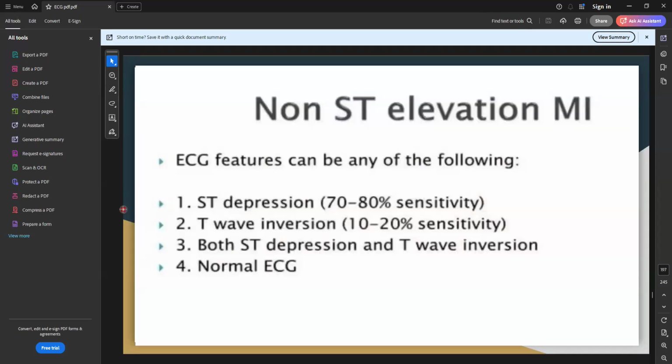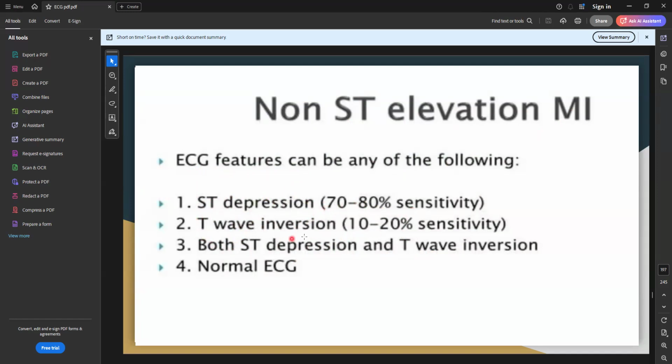Now let us know about the non-STEMI, that is non-ST elevation MI. In the non-ST elevation MI, ECG shows ST depression with the T wave inversion, and both ST and T wave inversion. If there is only ST depression, the sensitivity is around 70 to 80%.